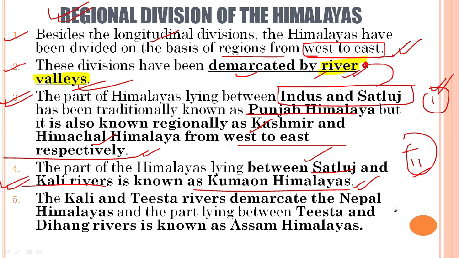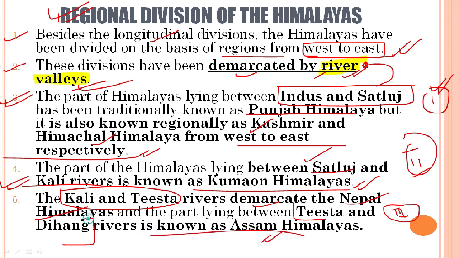Okay, now we have another part in point 3. What do we see here? The Kali and Teesta rivers demarcate the Nepal Himalayas, and the part lying between the Teesta and the Dihang rivers is known as Assam Himalayas.